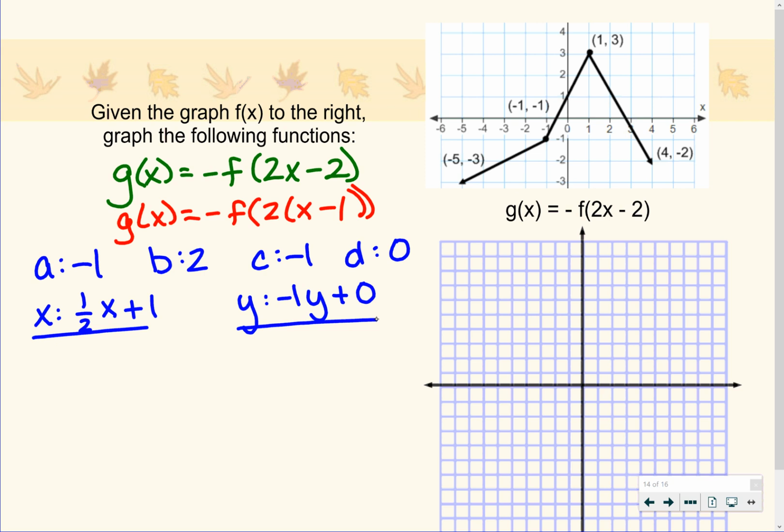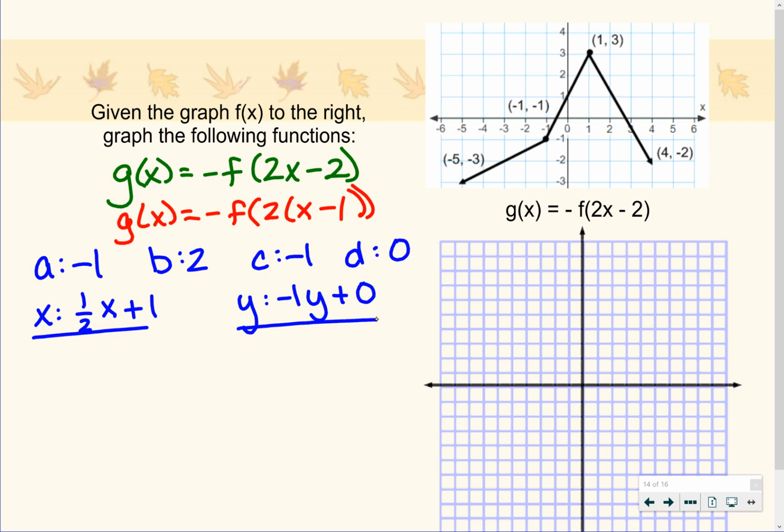With your groups, you can do this on your paper, the back of your big idea worksheet, whatever you want. Take those same 4 points we had in the last one and transform each of the x's and y's to figure out where the final graph's going to lie. Take each of your x's and run it through the x formula. Take each of your y's and run it through the y formula.